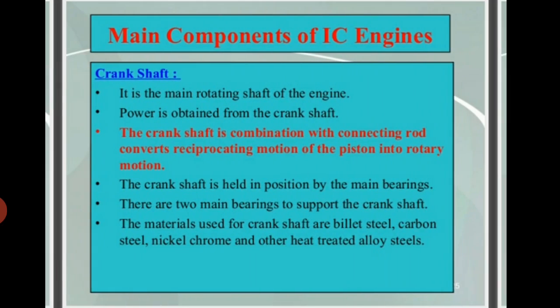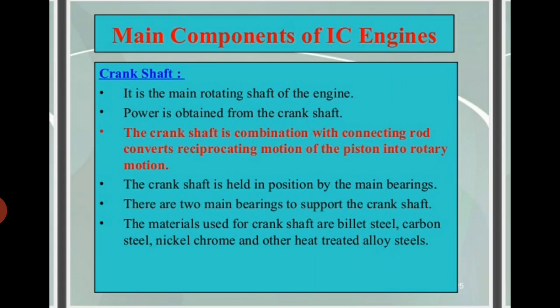Now our next component, which is also a very important component of the IC engine, is the crankshaft. The crankshaft is said to be basically the backbone of the engine. It receives oscillating motion from the connecting rod and gives it to the main shaft as rotary motion. It also drives the camshaft, which in turn operates the valves of the engine.